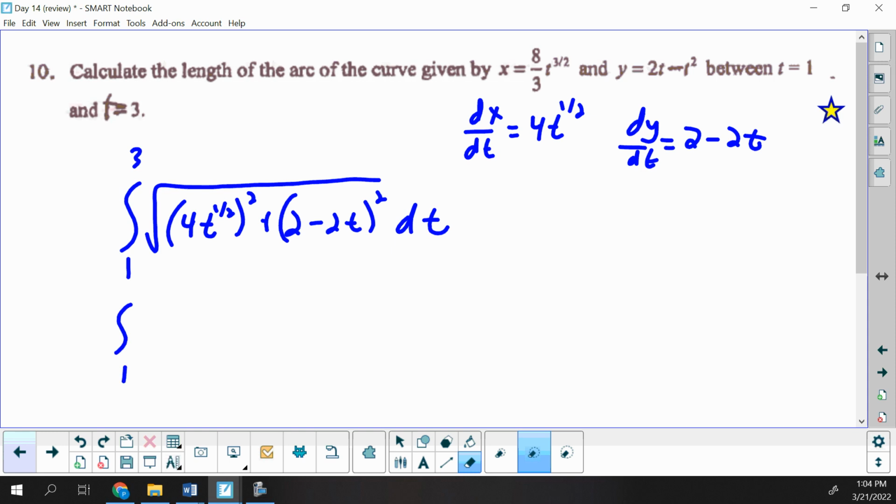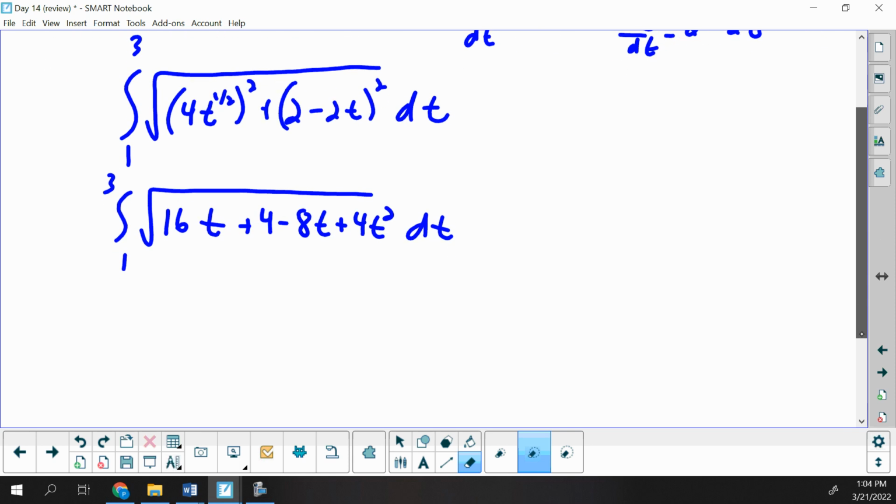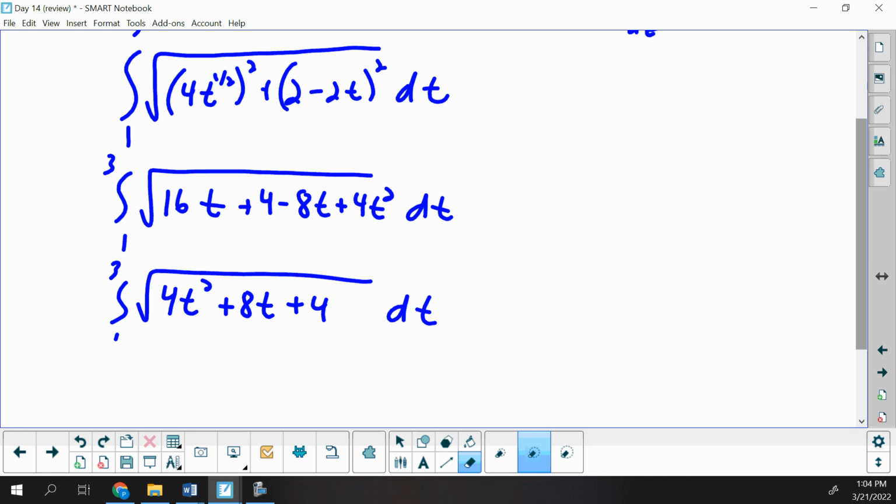So if we keep going, we'll have 1 to 3, the square root of 16t. If we multiply this out, we'll have 4 minus 8t plus 4t squared dt. So this is really the integral from 1 to 3 of the square root of 4t squared plus 8t plus 4 dt if we combine like terms.